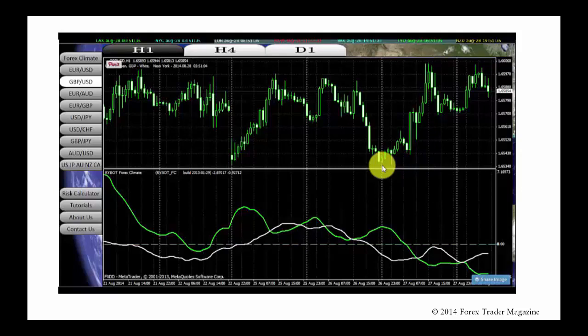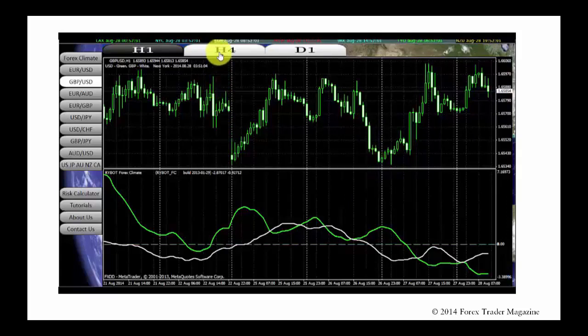And in theory, when the pound, the white line, is above the dollar, the green line, then the pound is stronger and we can expect the currency pair to be moving up. Alternatively, when the green line, the dollar, is stronger, then we would expect to see the exchange rates coming down.